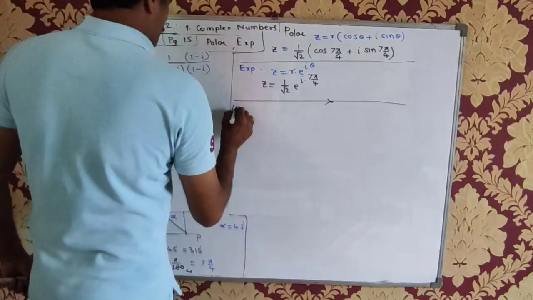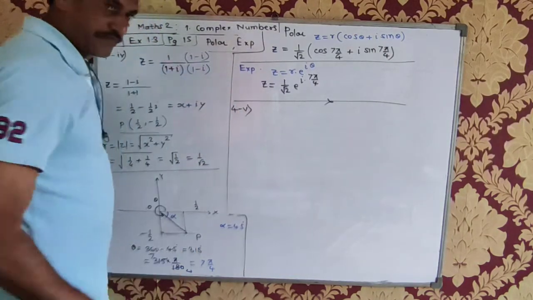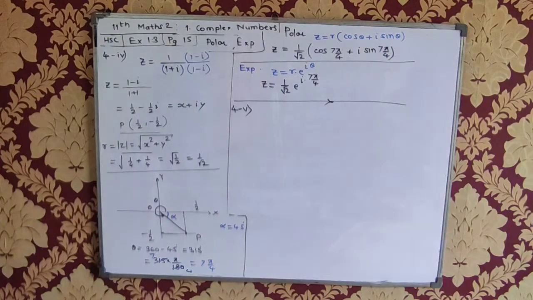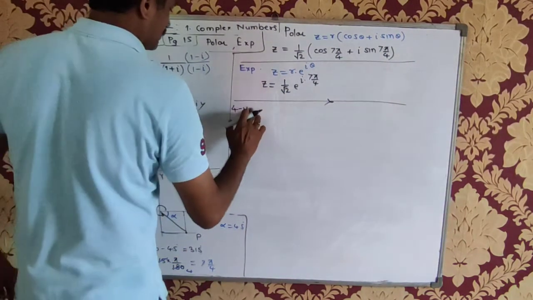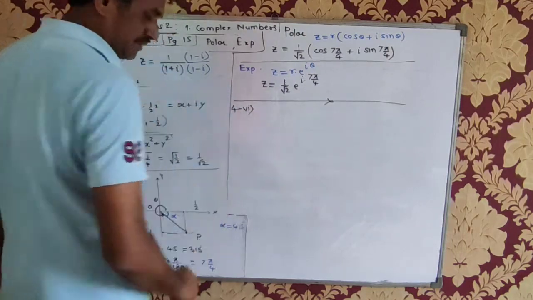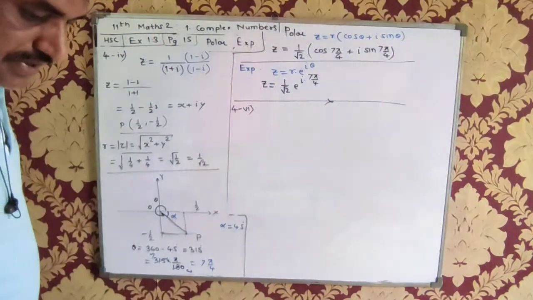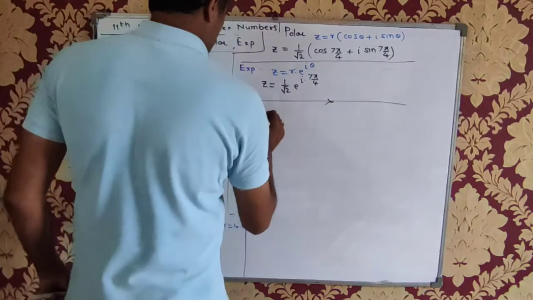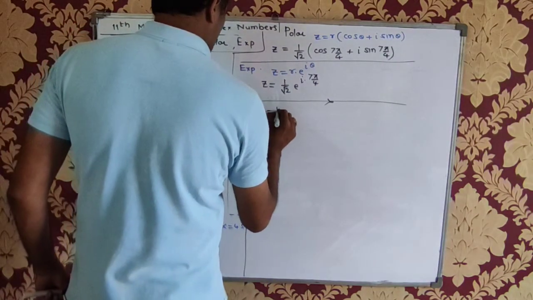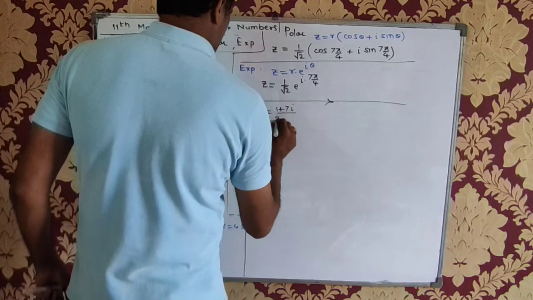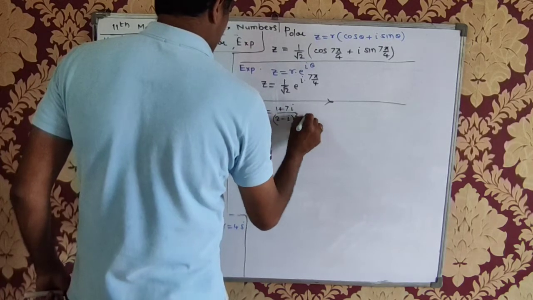Question number 4, exercise 5. Question number 4, exercise 6. What is it? Z is equal to 1 plus 7i divided by 2 minus i bracket square.